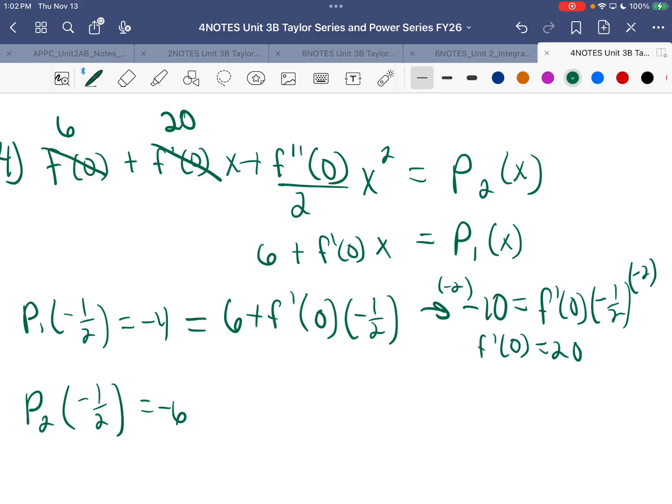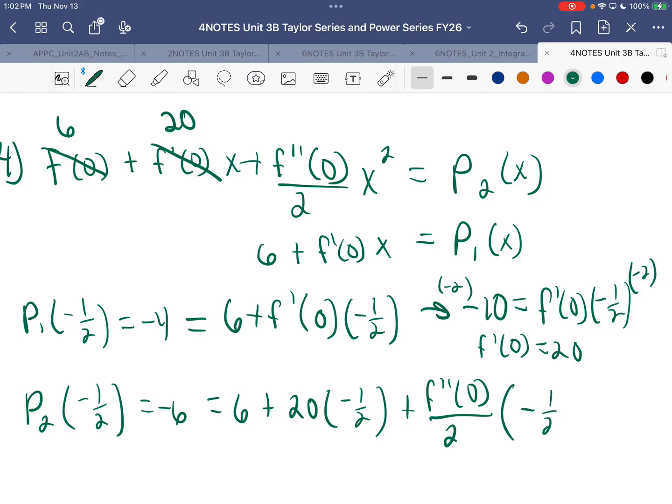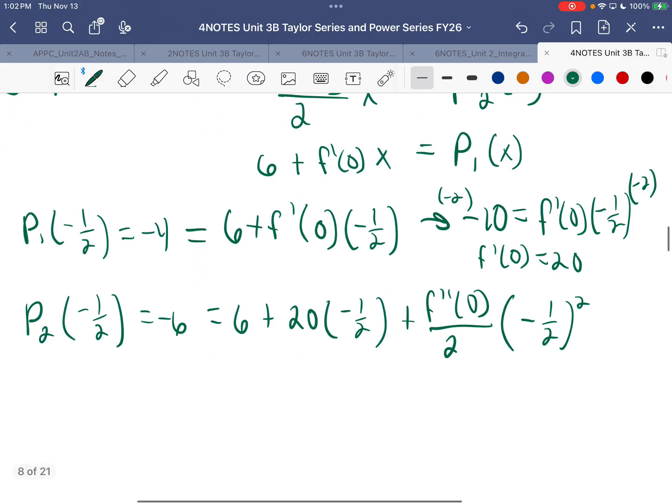Then you can extend that to your second degree polynomial. -6 is equal to P2 at -1/2, and I have 6 plus 20 times -1/2 plus f double prime at 0 over 2 factorial times -1/2 squared. And solving it from there would get you to -16.